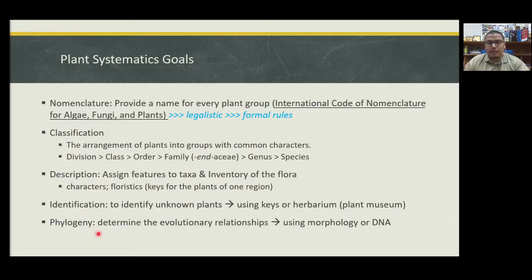Next is identification. Within this flora, there are means of identifying a plant. Let's say you've got an unknown plant in your hand and you want to know what it is. You can use tools, and those tools are the taxonomic keys.